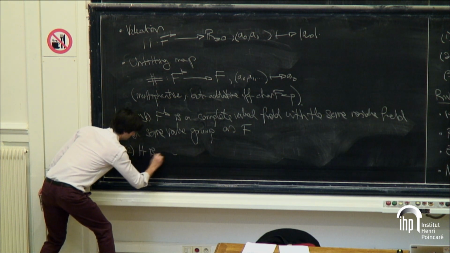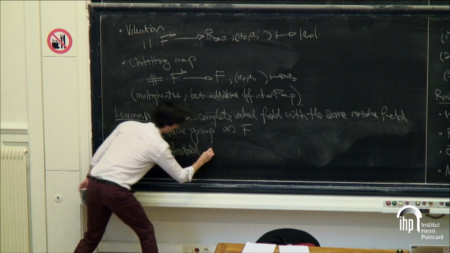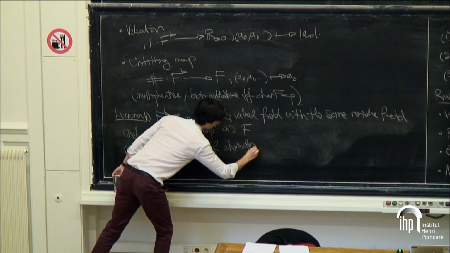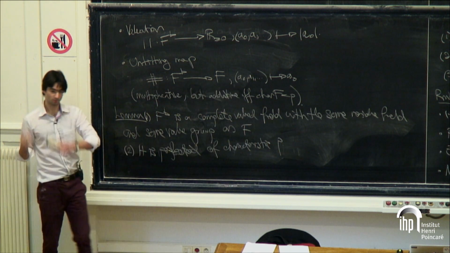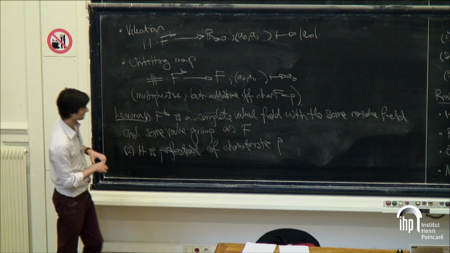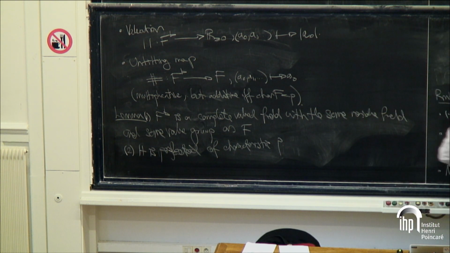Moreover, it is perfectoid of characteristic P. So starting with one perfectoid field, probably in characteristic 0, we found some way to construct this new perfectoid field, now sitting in characteristic P, which we call its tilt.